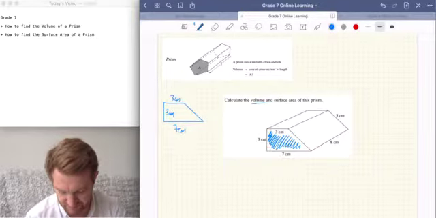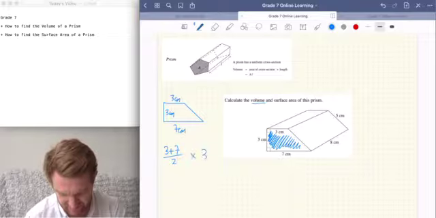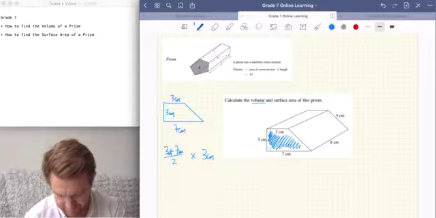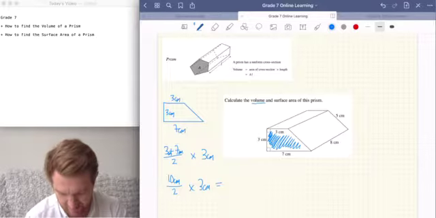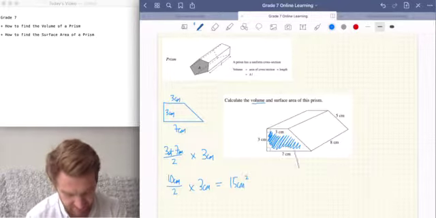We add the top and the bottom together, divide it by 2, and we times by the height. So it's going to be 10 centimeters divided by 2 times 3 centimeters is 15 centimeters squared. So this shape here is 15 centimeters squared.